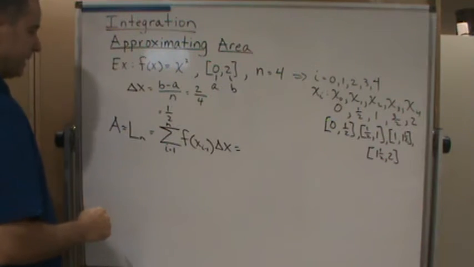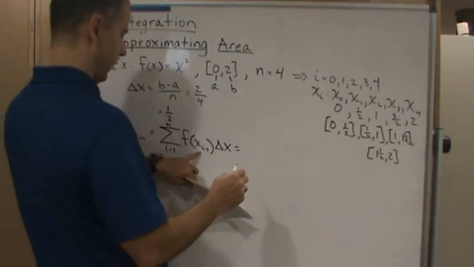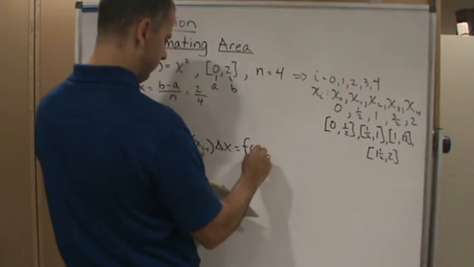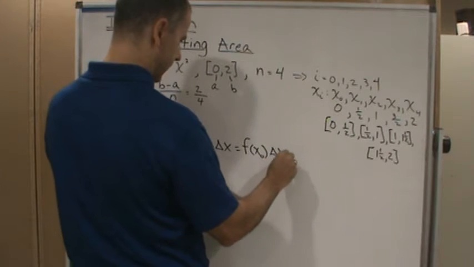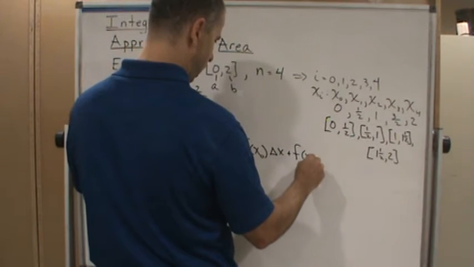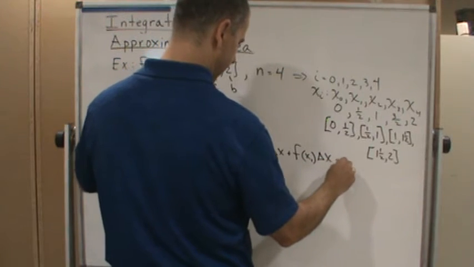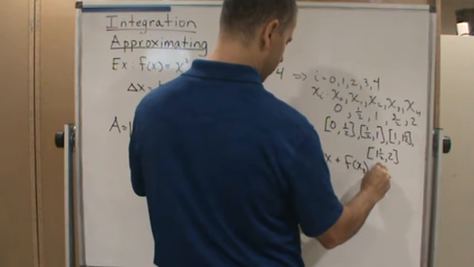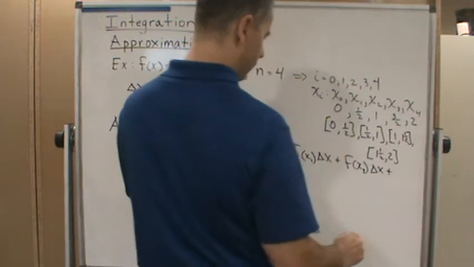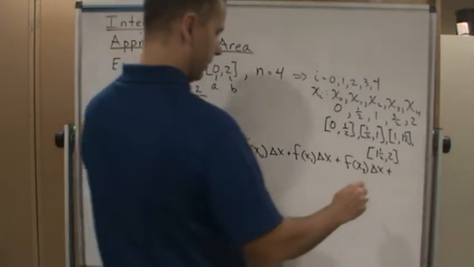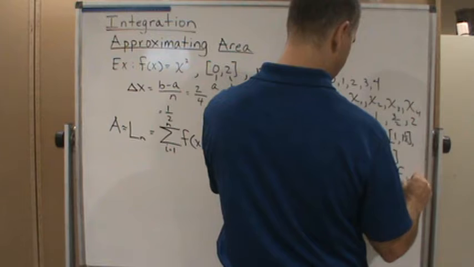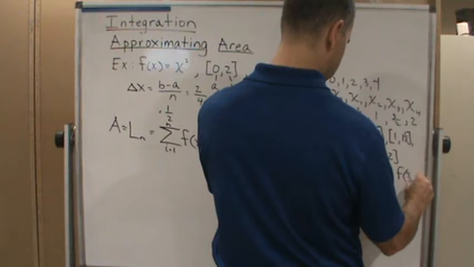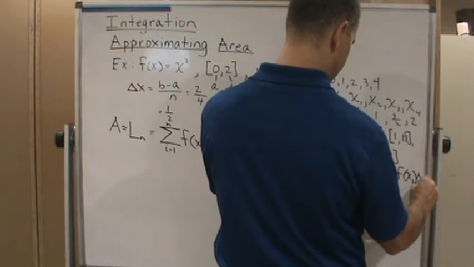So now what does that mean? It means that I'm going to take x sub i minus 1. So that means x0. So I'm going to take f of x0 times delta x plus f of x1 times delta x plus f of x2 times delta x plus f of x3 times delta x.